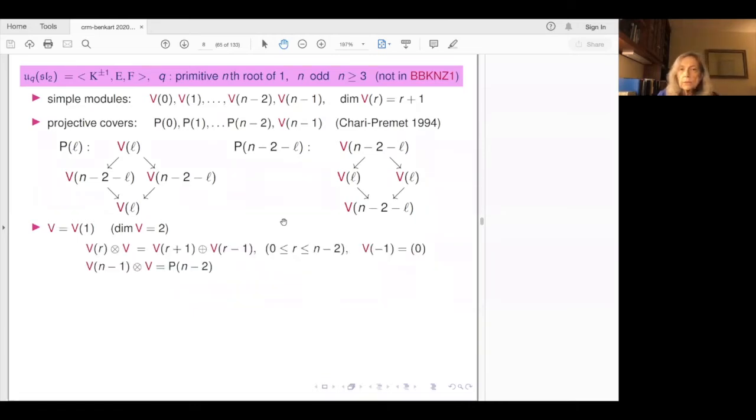And these are the rules for tensoring with it. The first rule is very much like the Clebsch-Gordan rule that you know for SL2. When you get to the end, because when you tensor a projective with anything, you get a projective, we actually end up with the module over here on the right with L equals 0. So this is P_{n-2}.